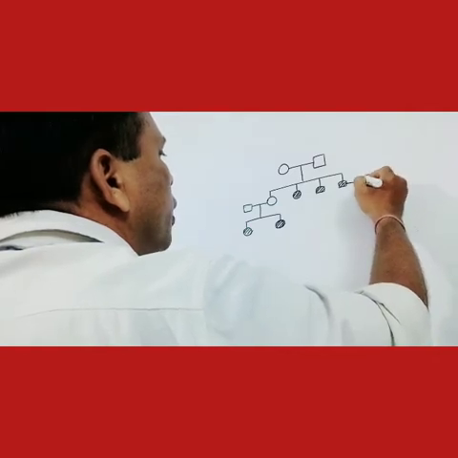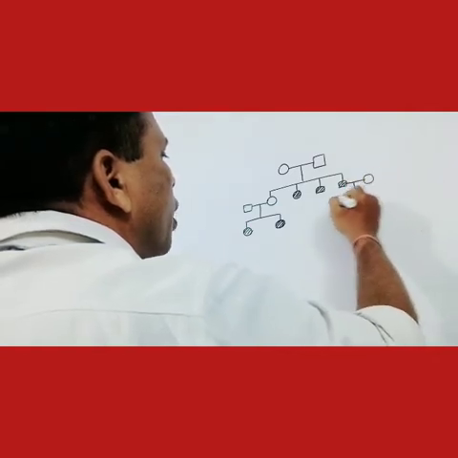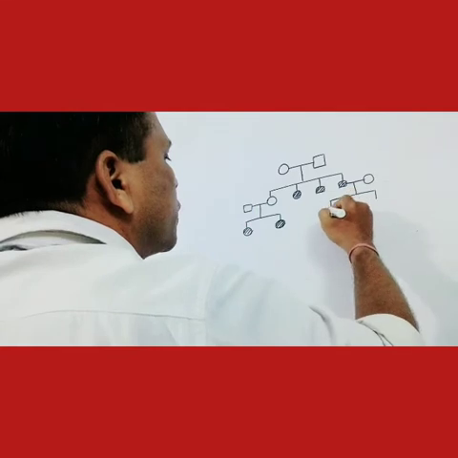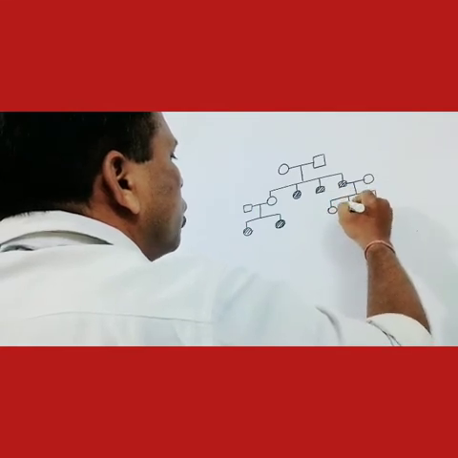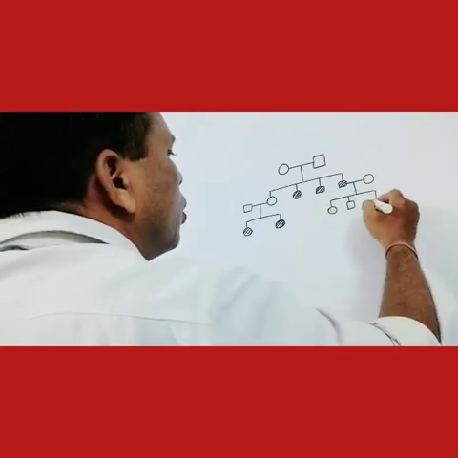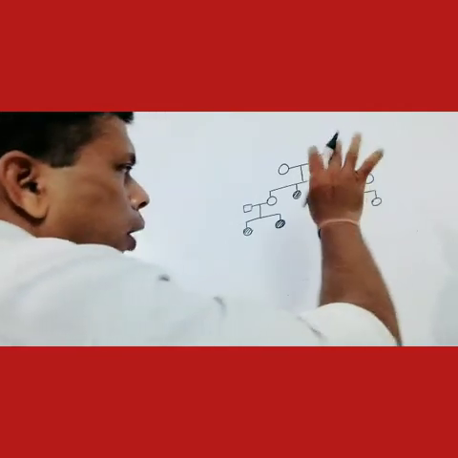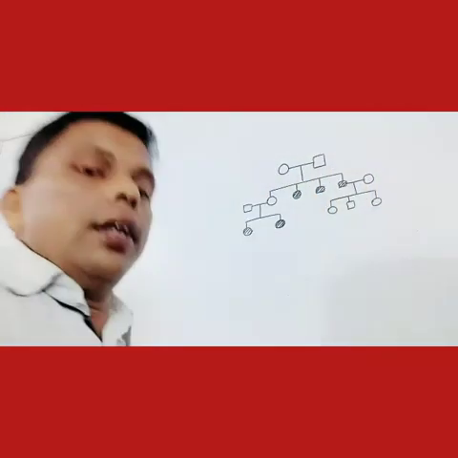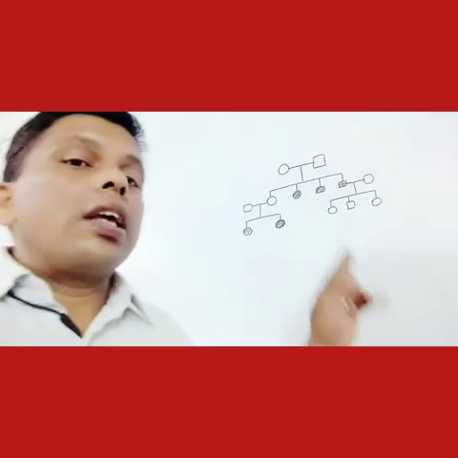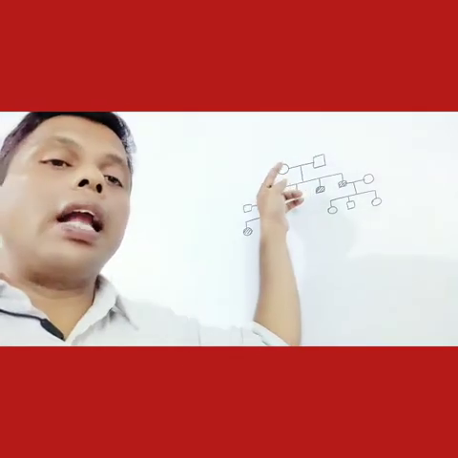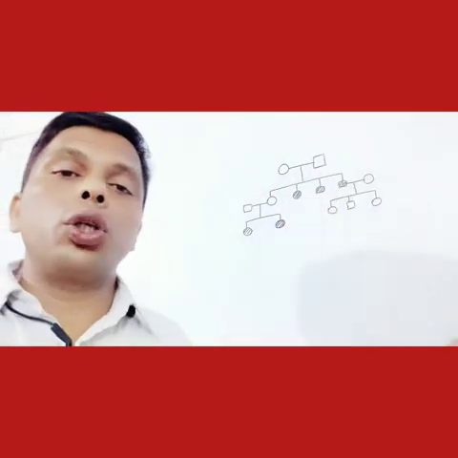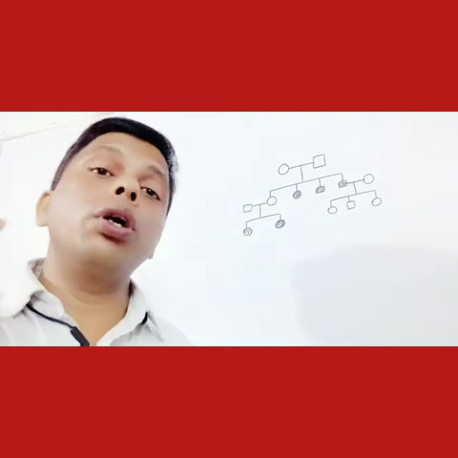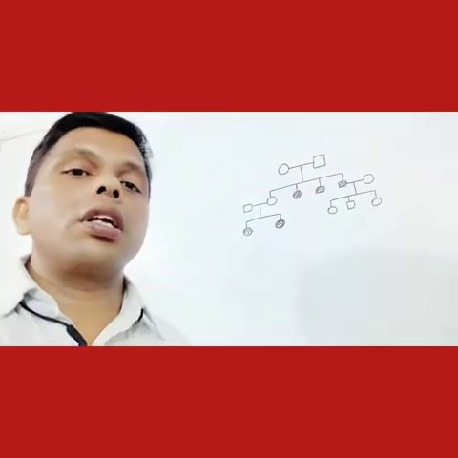Suppose this son is married to another lady with normal character. In the next generation, suppose two daughters and one son. Okay, all are normal. Here, in the parental generation, there is no disorder, no phenotypic expression.